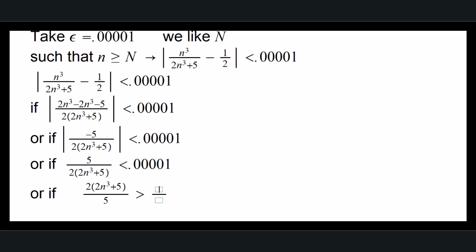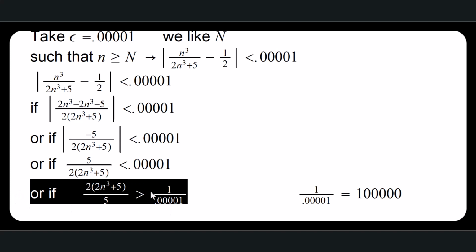That is, we got 1 over 0.00001, and then 1 over 0.00001 is 100,000 here.